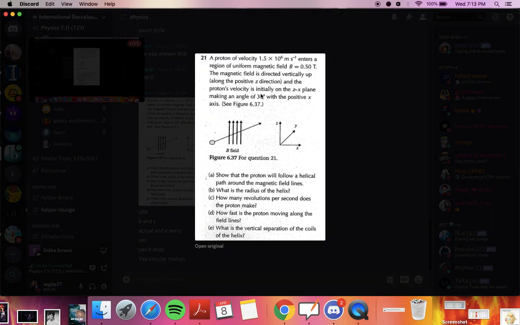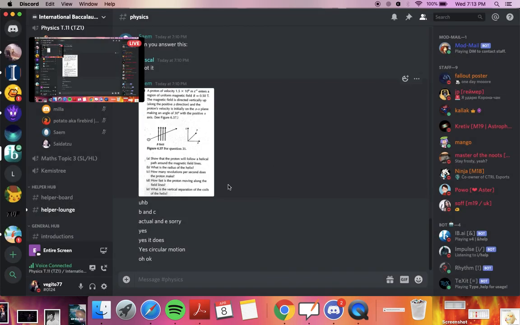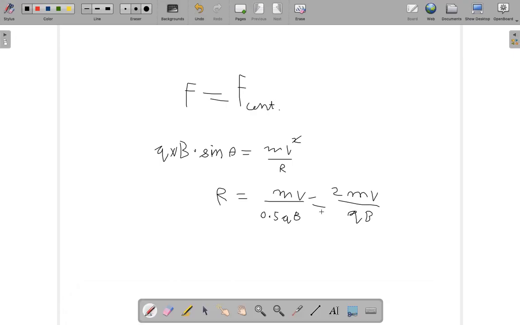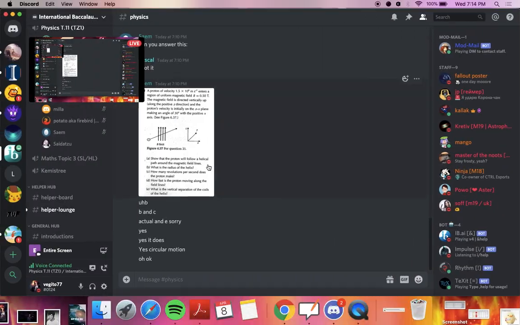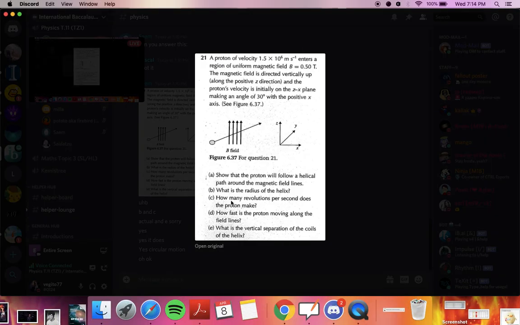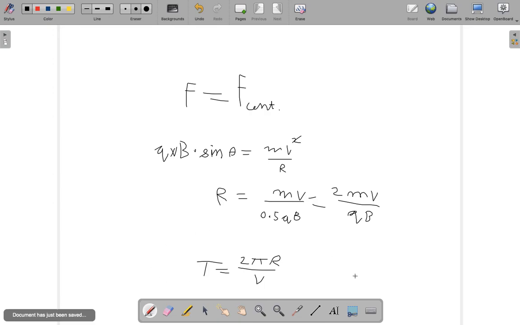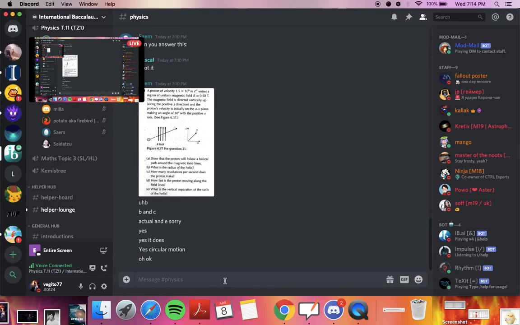That should allow you to find out what it is. Once you've gotten the radius, you can simply use the formula T equals 2 pi r over v to find the time period for the circular motion. Once you have the time period, you can find the frequency, which I believe is what they're asking, how many revolutions per second. So just 1 over the time period that you find using this equation. Does part C also make sense to you?